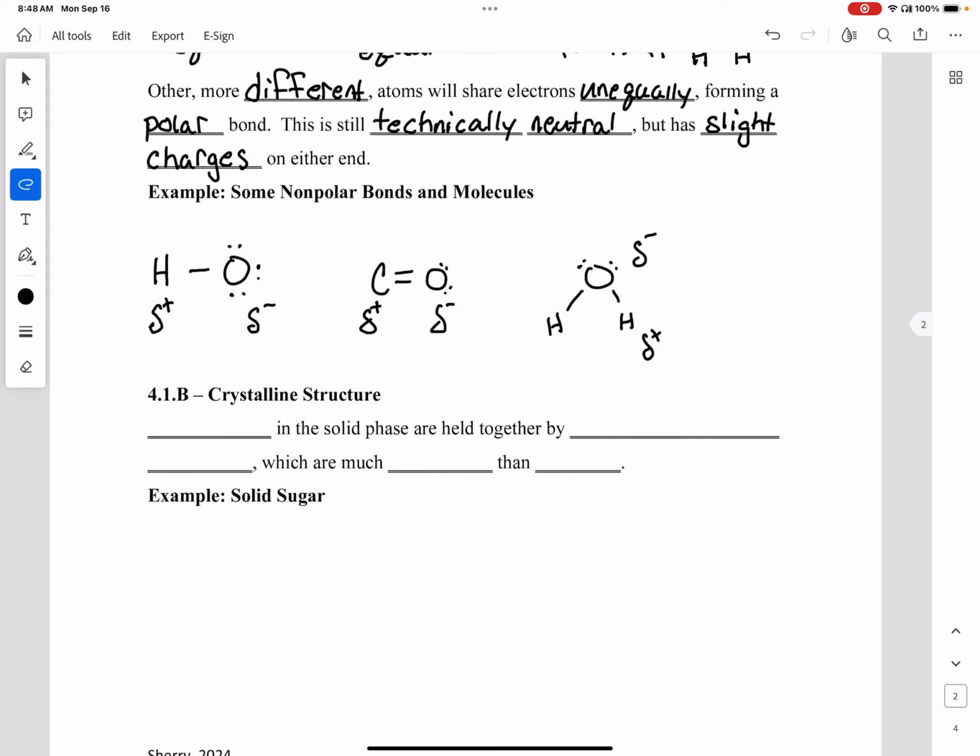So what is the crystalline structure of a molecular, or also called a covalent compound? So molecules in the solid phase are held together by intermolecular forces, which are much weaker than bonds. So sugar is an example of a covalent compound.